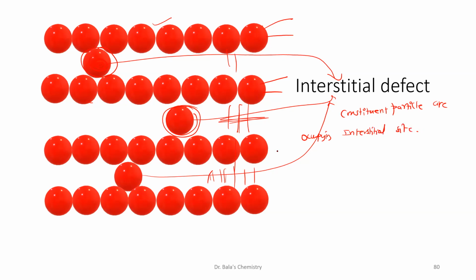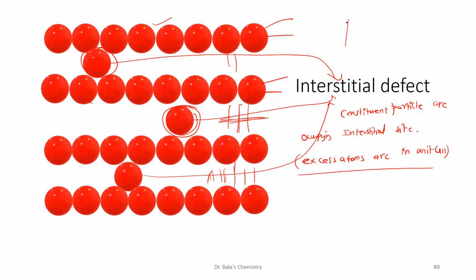So when excess atoms or excess constituent particles are in the unit cell or crystal, some of the atoms are located at interstitial positions, occupying the interstitial site also.